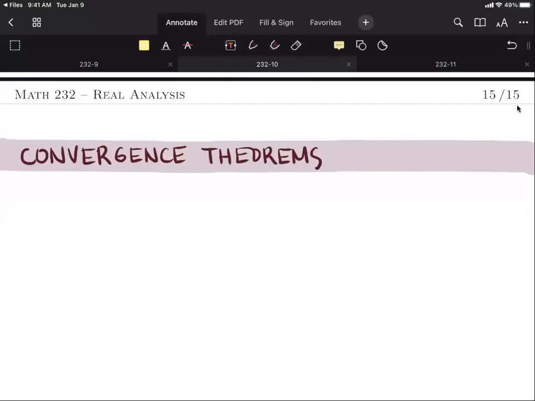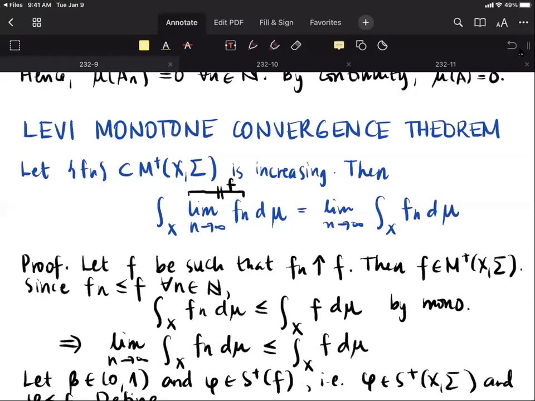So to close this chapter on Lebesgue integration, let us now discuss the other convergence theorems for this new integral that we have considered. Let us recall the monotone convergence theorem from last time. For the monotone convergence theorem, if you have an increasing sequence of non-negative measurable functions, then you can interchange the limit and the integration.